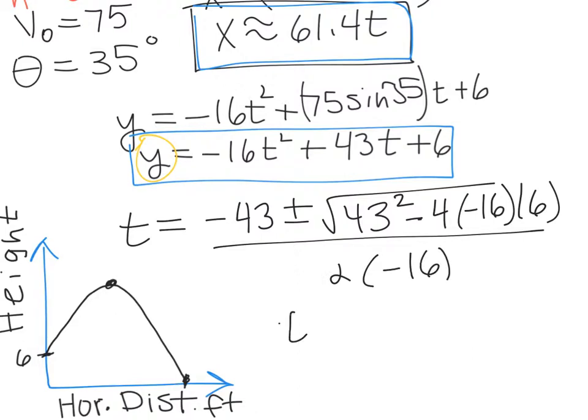And when you simplify all that, you get 0 and negative 0.13 something. And that one doesn't make sense. That would be kind of back here before time started. So that one's extraneous, but the real time when it lands is at about 2.8 seconds.